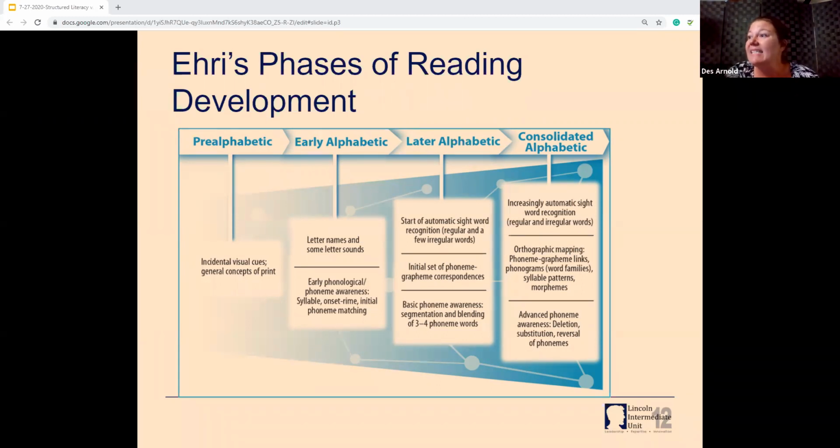In the later alphabetic phase, they begin to develop automatic sight word recognition. For anybody who did not hear my spiel in a previous session today, sight word recognition is actually our ability to identify words based on our sight memory. We often think that our Dolch list or our Fry list, the high frequency list that comes with our basal program, are our sight words.